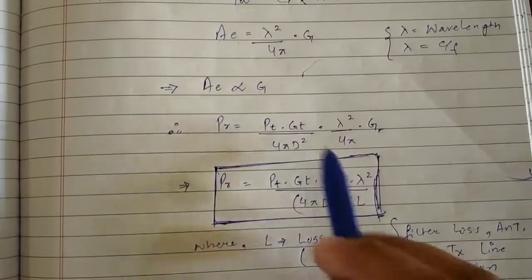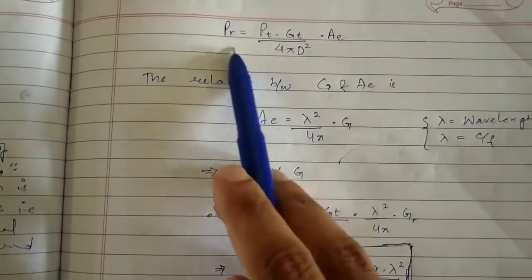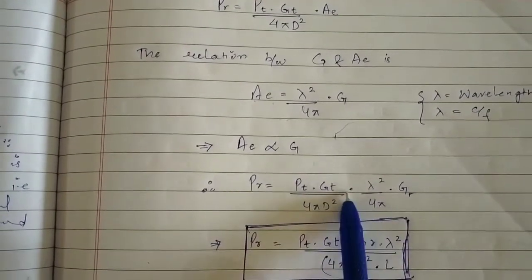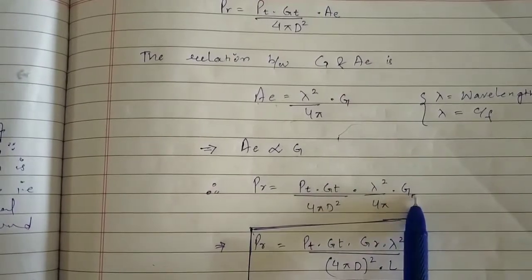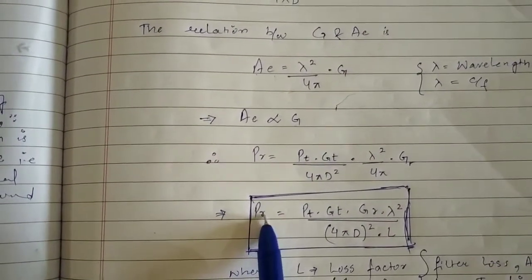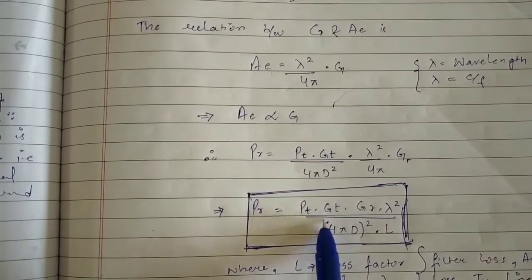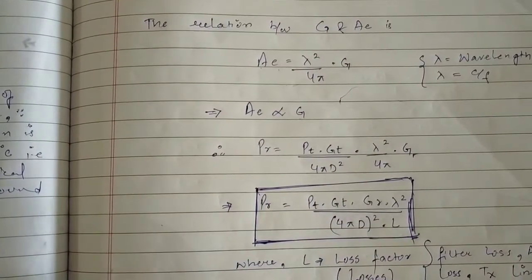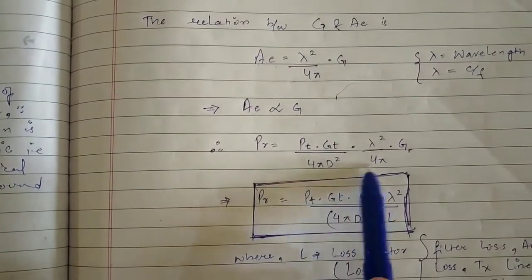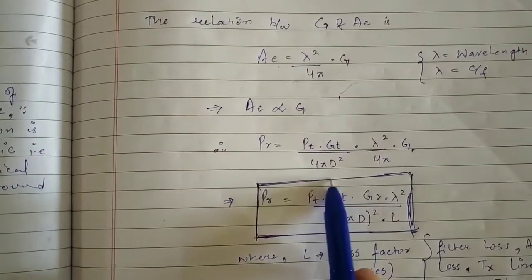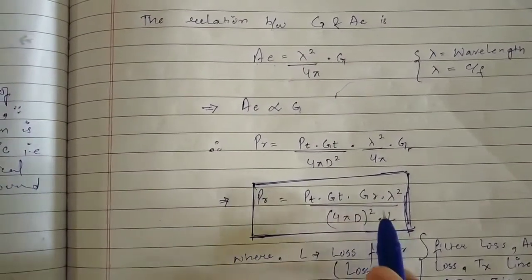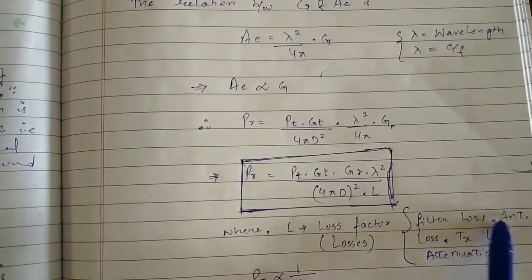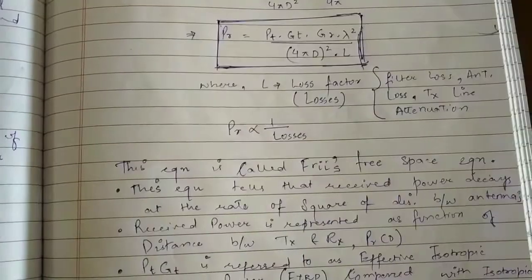So substituting the effective aperture in this PR equation, we get PR is equal to PT GT by 4 pi d square into lambda square by 4 pi into gain GR. We get PR is equal to PT GT GR lambda square by 4 pi d whole square into L. L is the loss factor, which is defined usually by filter loss, antenna losses and transmission line attenuation.